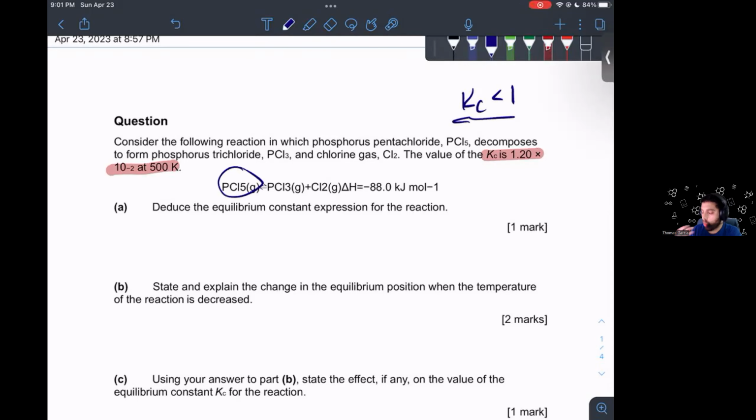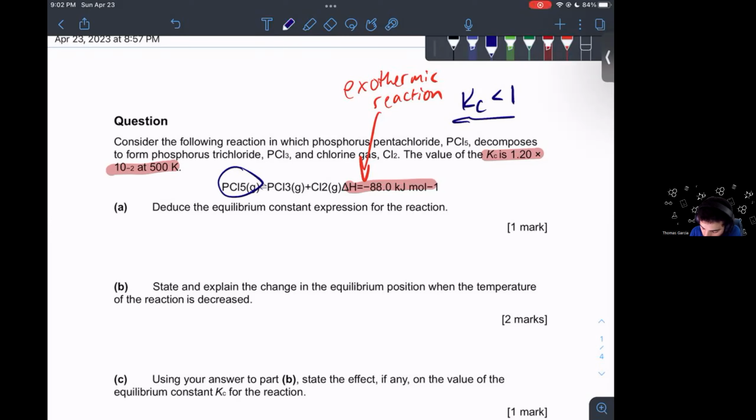That's where we're going to have more. Another thing to notice right off the bat is that my enthalpy is negative. This is exothermic. You may want to start noticing these things before you even start doing the questions, because likely these will all come up later in the question.